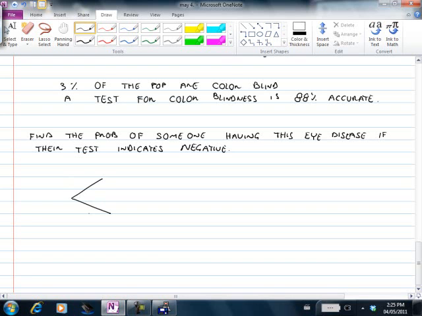What goes into the branches, you tell me. Fill it in, and then write down your formula right now. It should be colorblind and not colorblind. You use the terms disease and no disease.